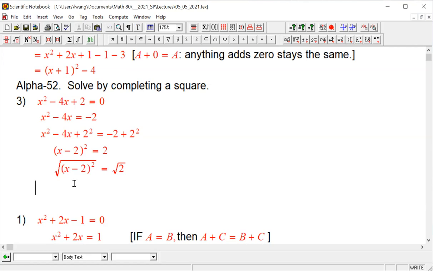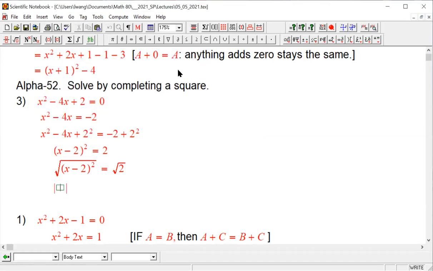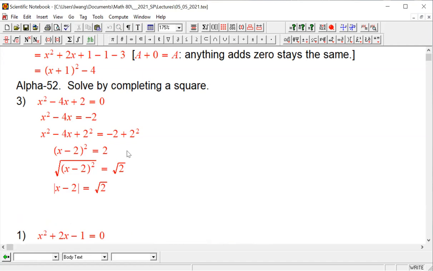So take a square root on both sides, and we get the absolute value of x minus 2 equals the square root of 2. Solving this absolute value equation, we get x minus 2 equals positive or negative square root of 2.